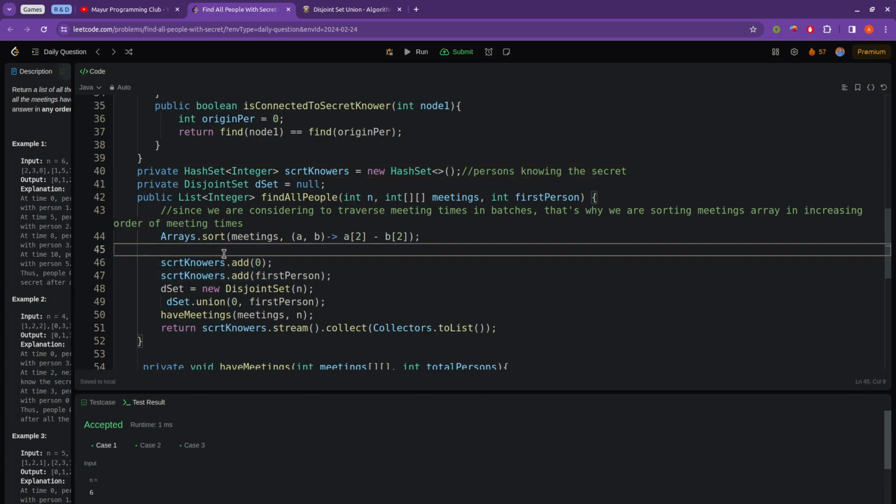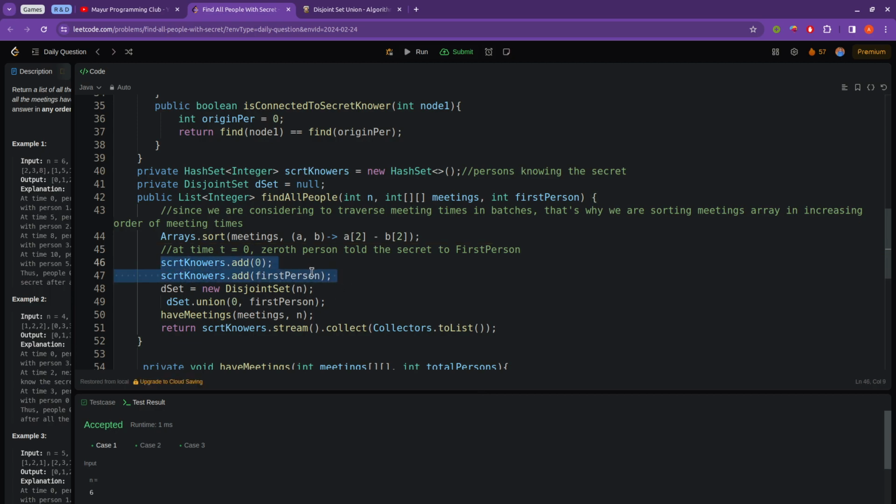One is the person from which the secret originated, and he told the secret to the first person at time t is equal to 0. So the 0th person told the secret to the first person. Okay, so we will be adding them into the secret knowers group.